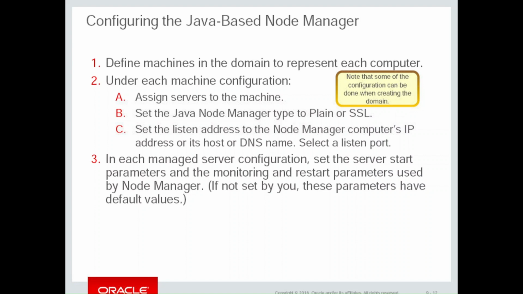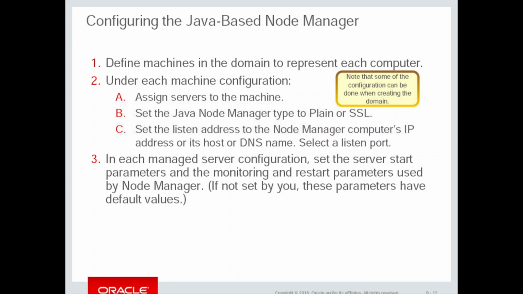Okay, if we want to configure the Java-based node manager from the console, first of all we need to define the machine. A machine represents each computer. After defining the machine, inside the machine we will have the option to assign the server to the machine and to configure the node manager type, whether it's plain or SSL, or the node manager listen address or listen port.